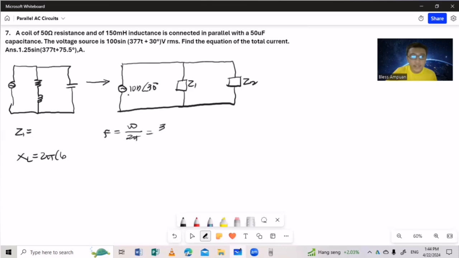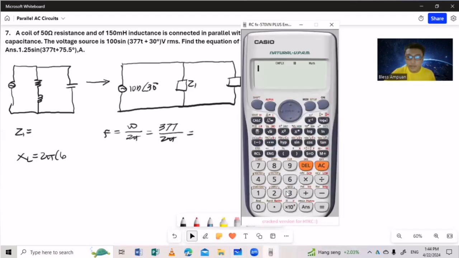So we have 377 over 2 pi, so our frequency is 60 hertz.